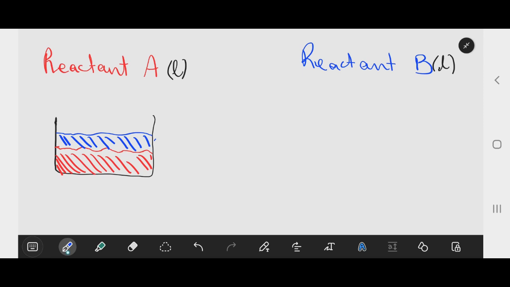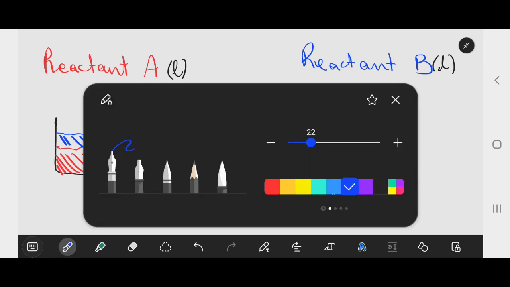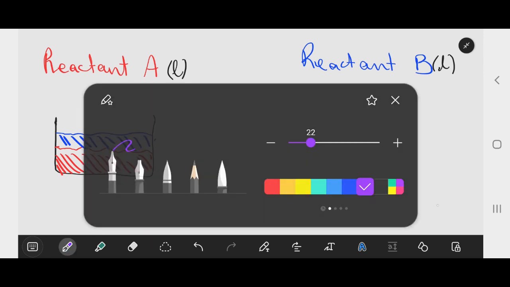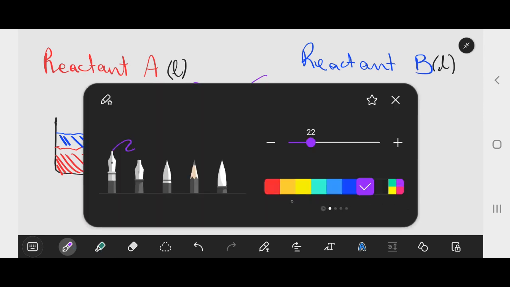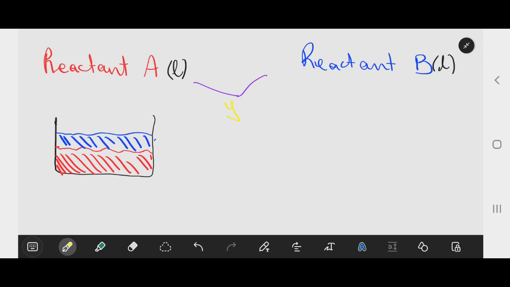And then let's have an assumption of the product. So let's say the product, if you mix the two, you get something which is yellow. So yellow is our product, which is also a liquid, right?